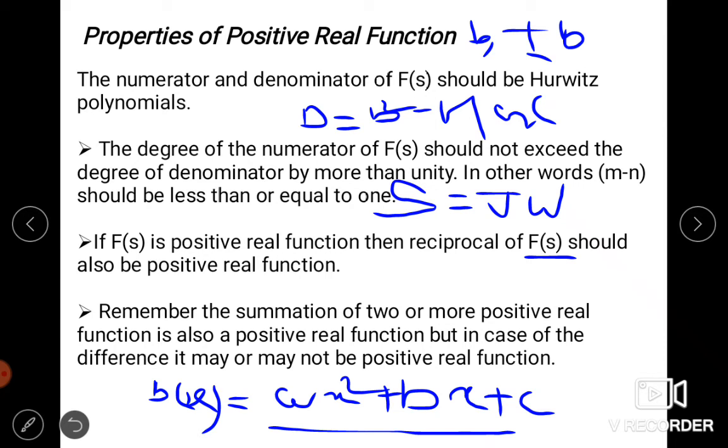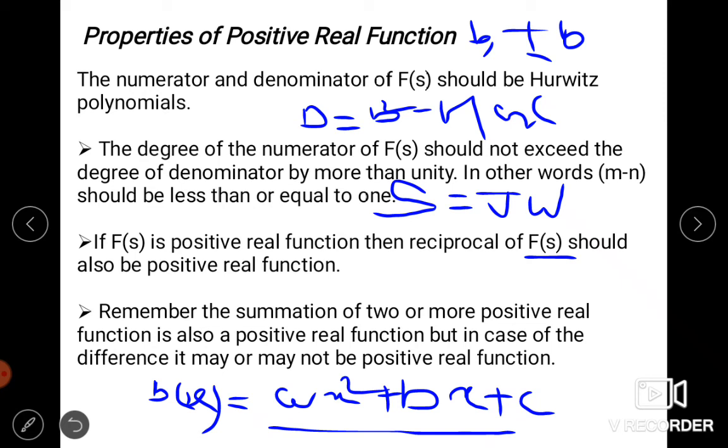In other words, n minus h should be less than or equal to 1. Third, if F(s) is a positive real function, the reciprocal of F(s) should also be positive real. And the last one, remember, the sum of positive real functions is also a positive real function, but because of the difference, it may or may not be a positive real function.